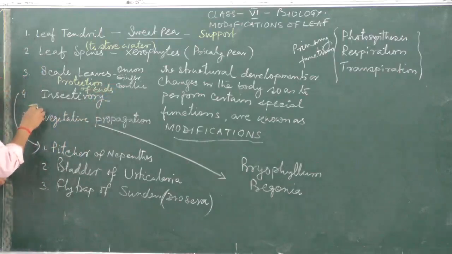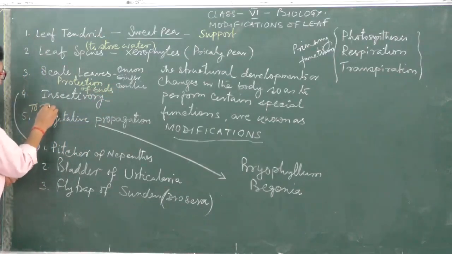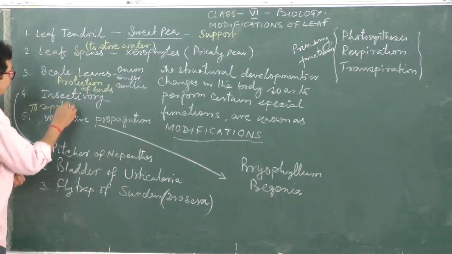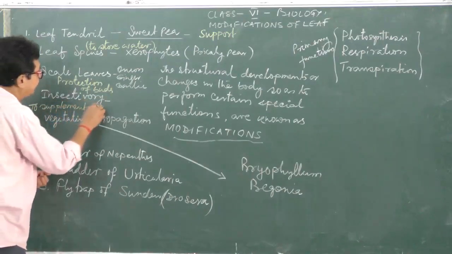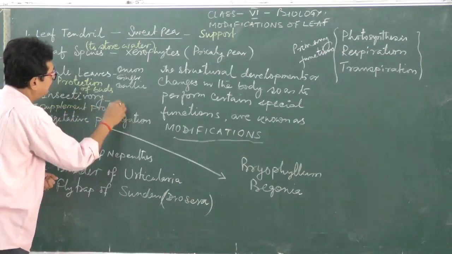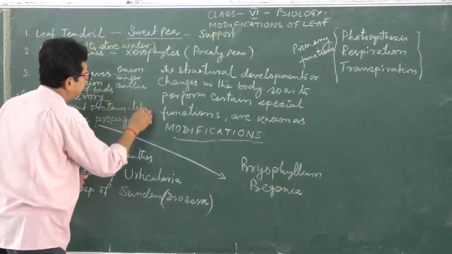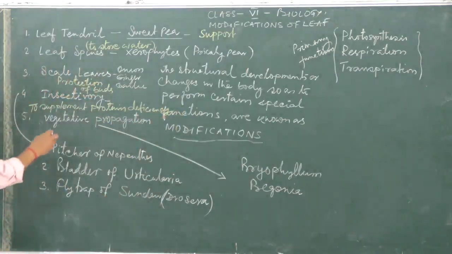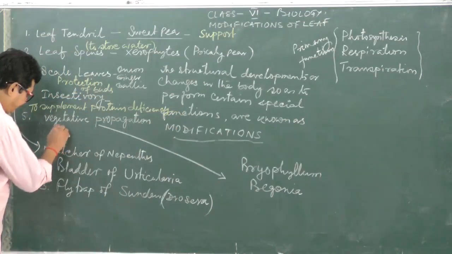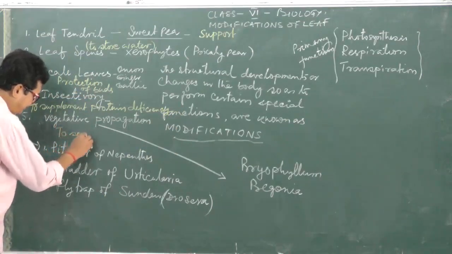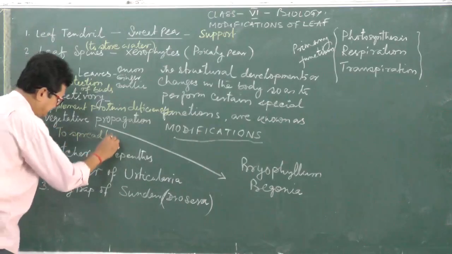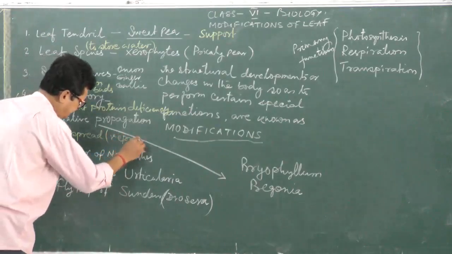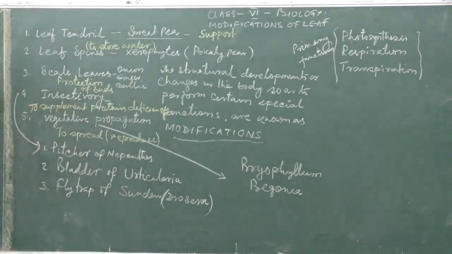Insectivory, to supplement protein deficiency, and vegetative propagation to spread and reproduce. These are the special things we get from leaves.